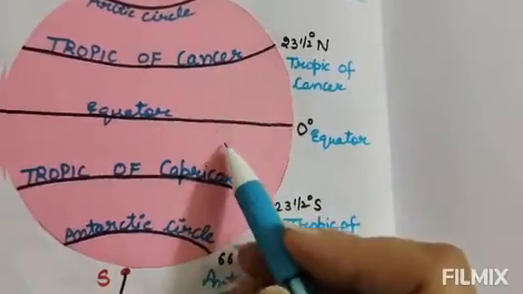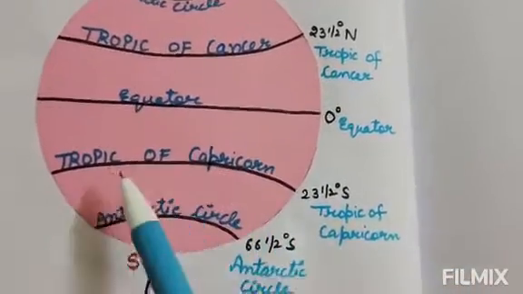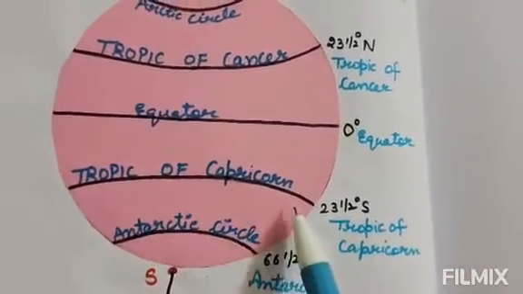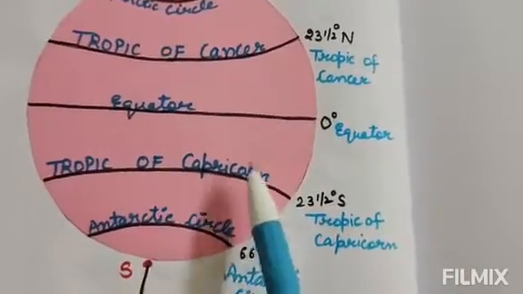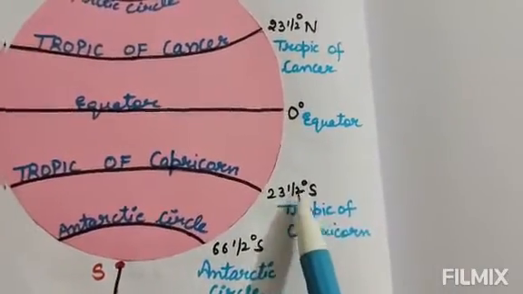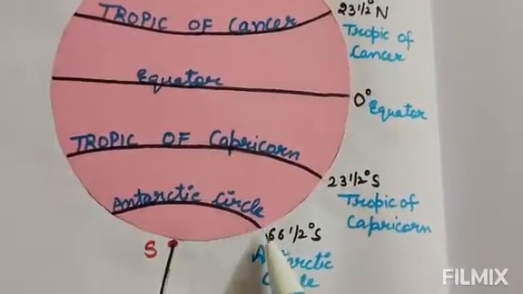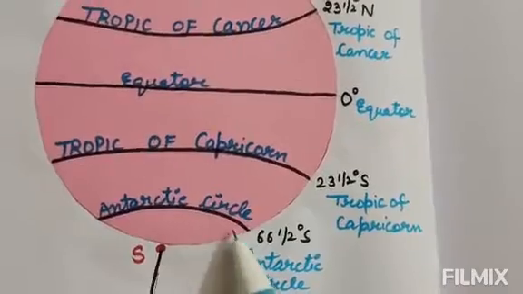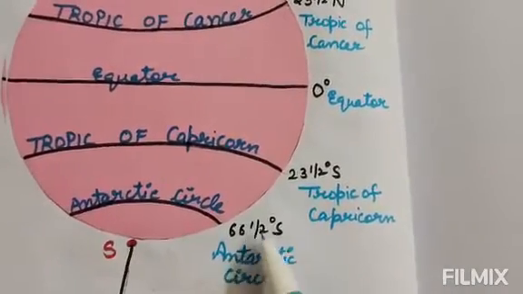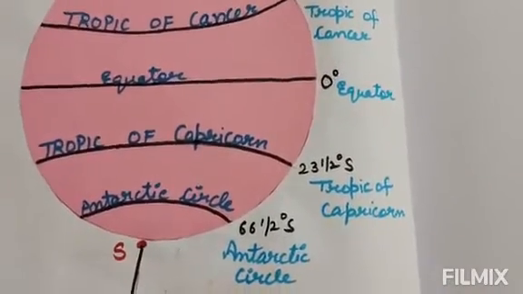Now if we move to the southern hemisphere, this latitude is Tropic of Capricorn and it is at 23.5 degree south. Next is the Antarctic Circle. This one is the Antarctic Circle and it is at 66.5 degree south.